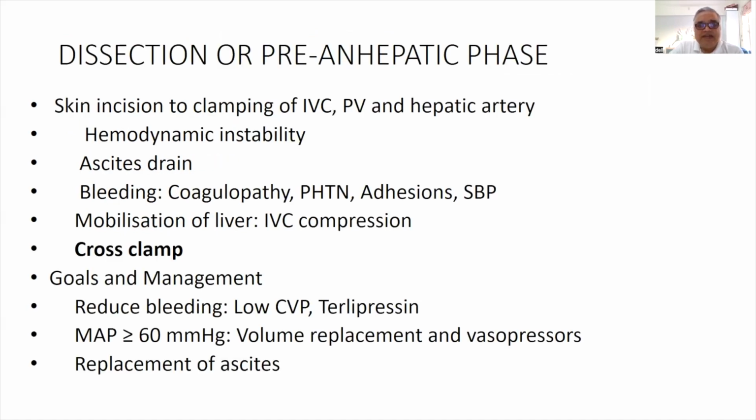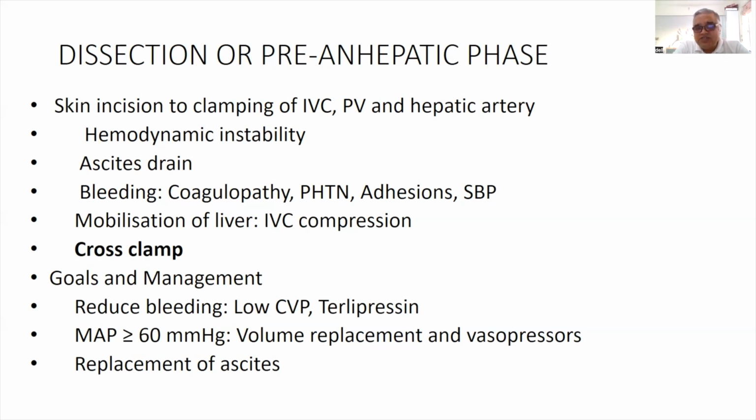So what happens in the dissection phase? The liver has been mobilized, lifted, and dissected. So what you are expecting is a lot of bleeding. If the patient is coagulopathic, you have more bleeding in this situation. What you have to do is correction of coagulopathy. The choice will be first cryoprecipitate, then fresh frozen plasma, and then platelets.